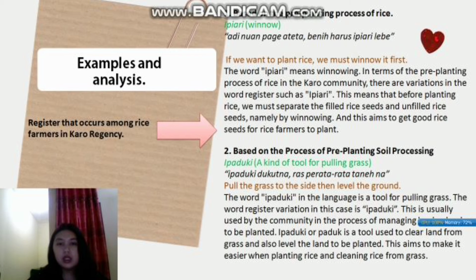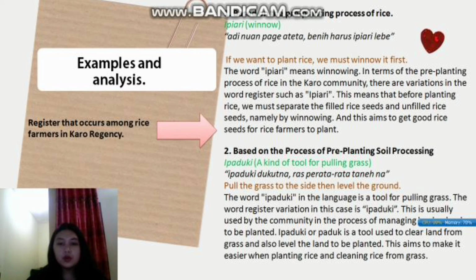This is usually used by the community in the process of managing the land for the rice farmer to plant. Ipaduki or paduki is a tool used to clear land from grass and also level the land to be planted. This aims to make it easier when planting rice and cleaning rice from grass.